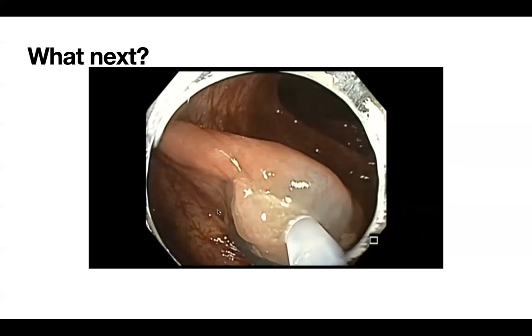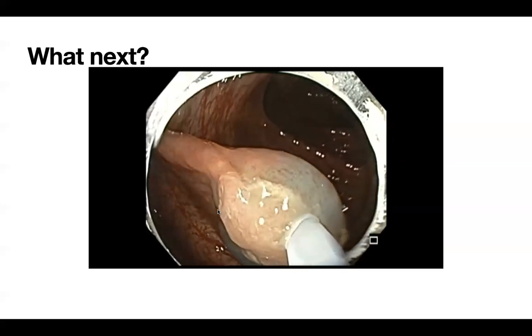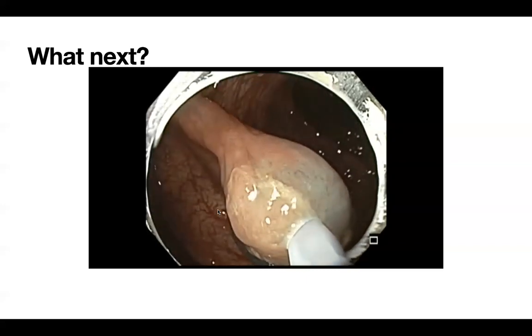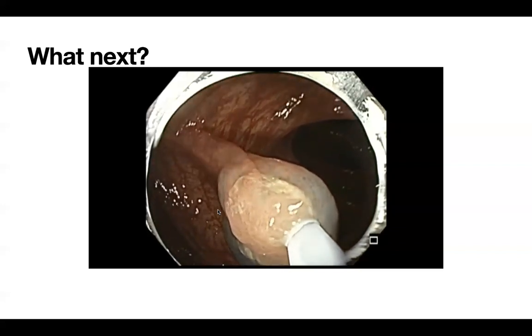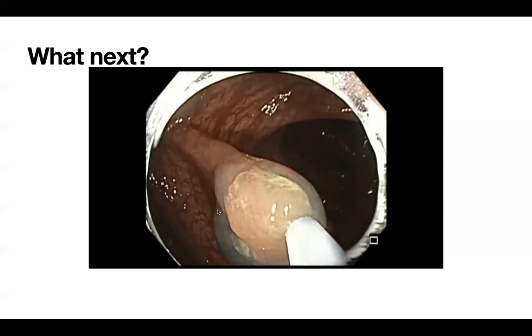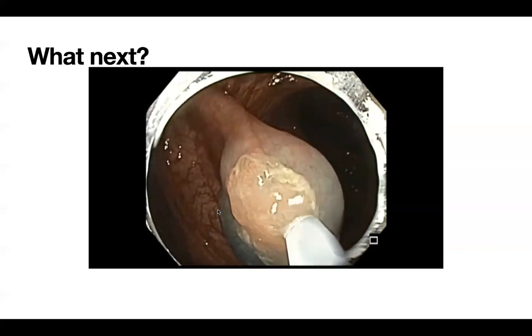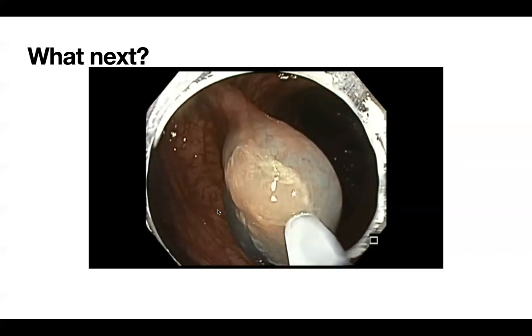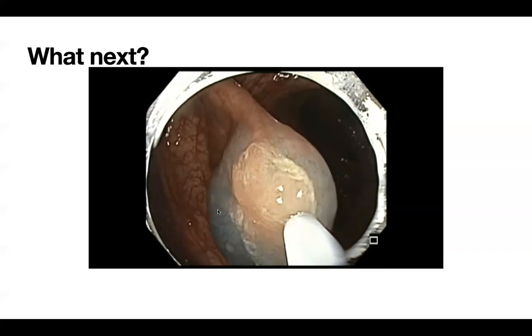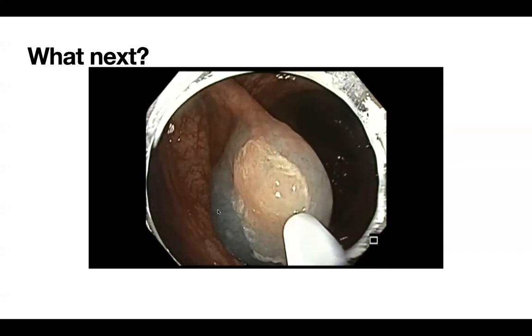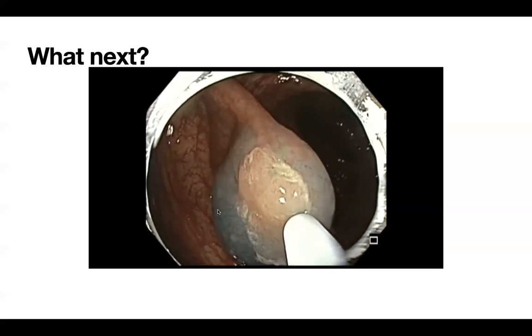As we're injecting, we're slowly bringing the needle back to give ourselves space. This was about 3.5 ml of saline injection. It's not a lot of injection, but if you get it right into the plane, you get a good sustained lift.